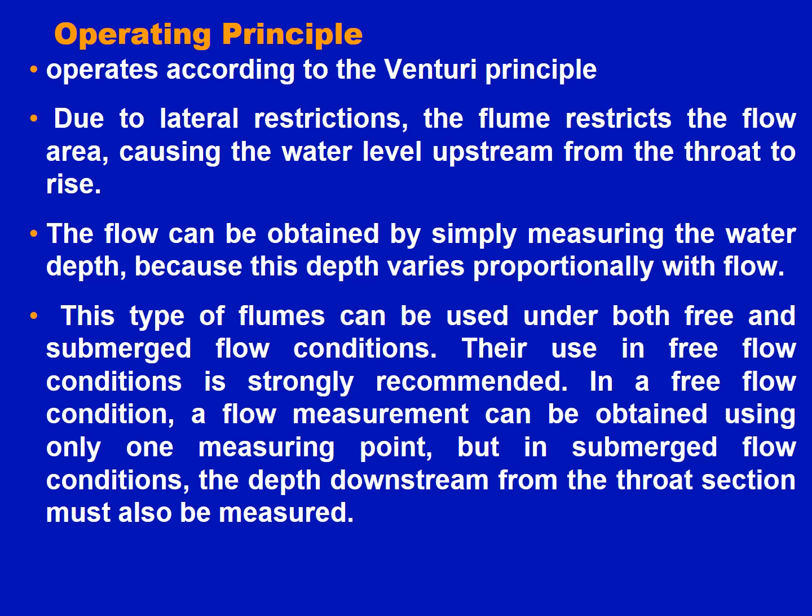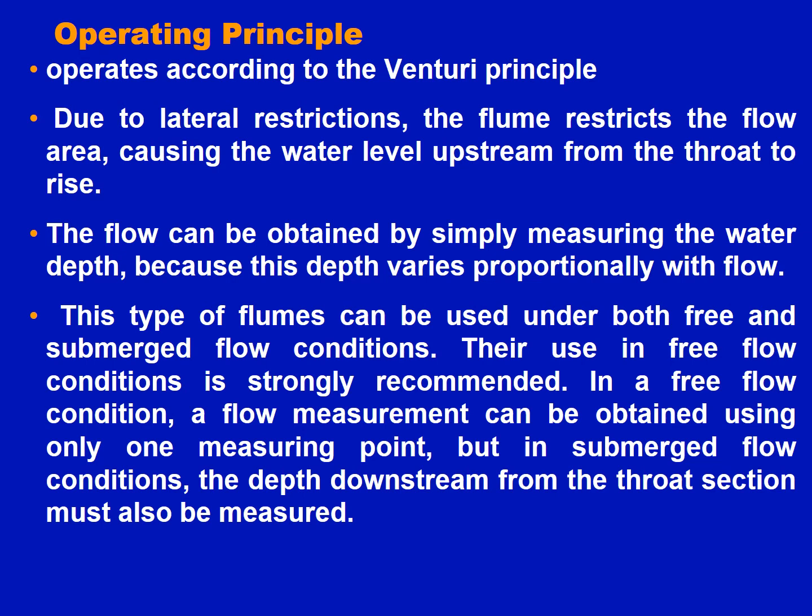Here it is strongly recommended that, as in the case of a Parshall flume, a free flow condition should be there for better performance, and flow measurement can be done at only one point if it is a free flow condition.